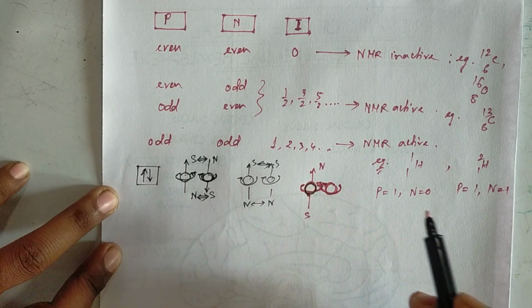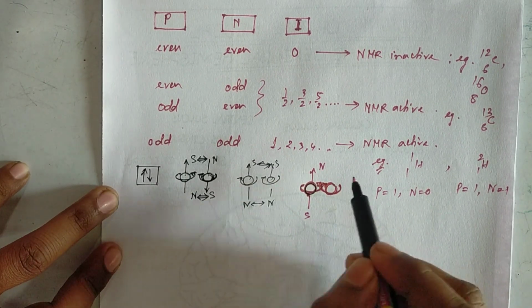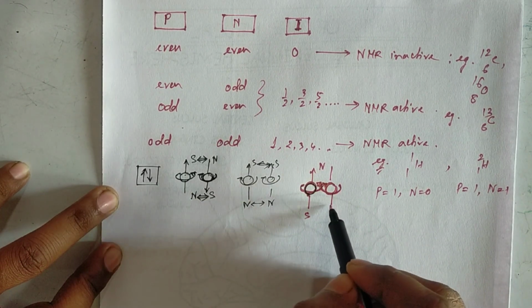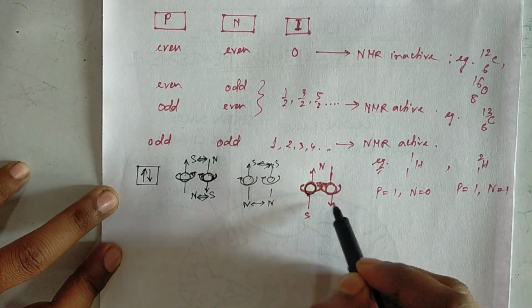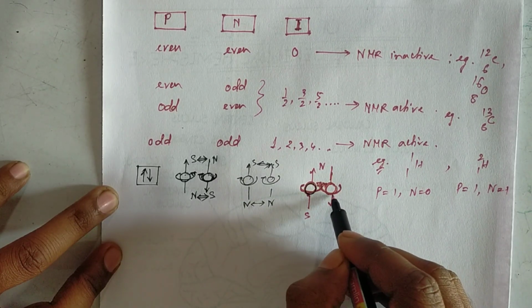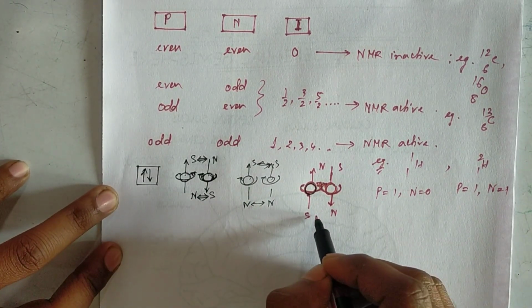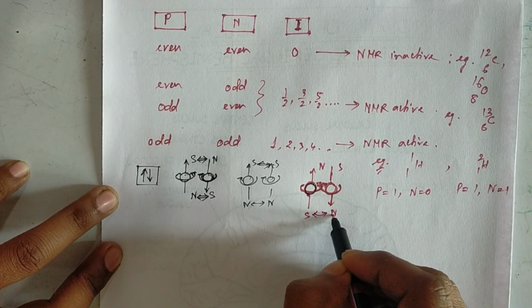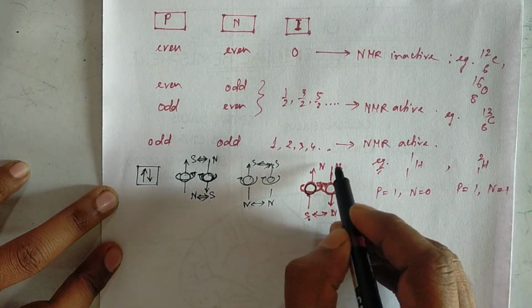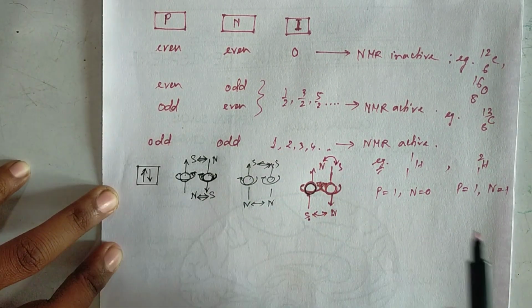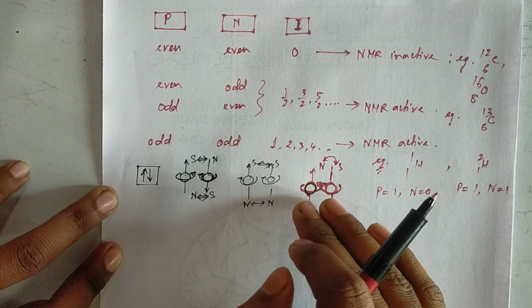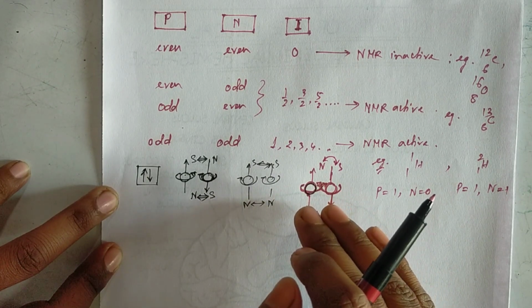Then only the north pole will be in this direction and the south pole in this direction. Then only they will attract each other. This north will attract this south and this south will attract this north. Then only these nuclei can stay together.